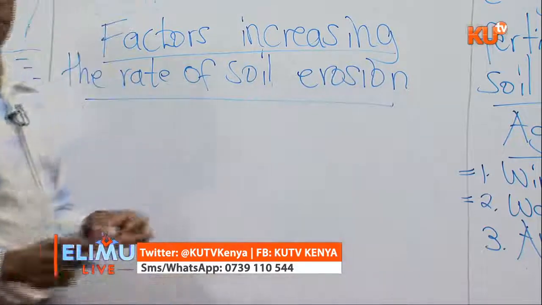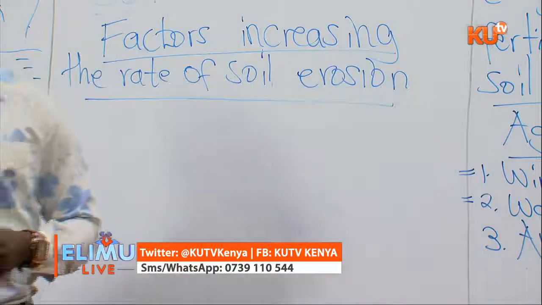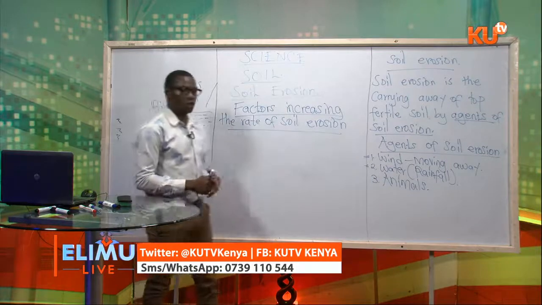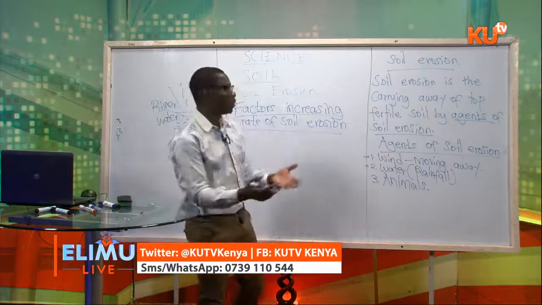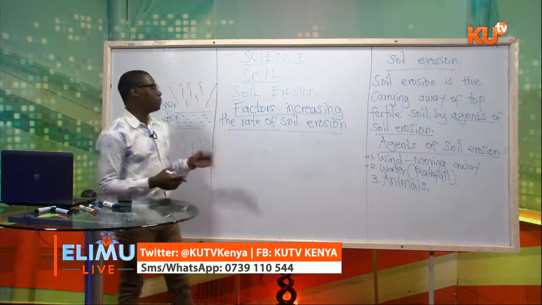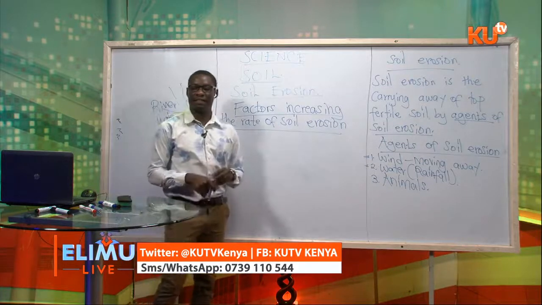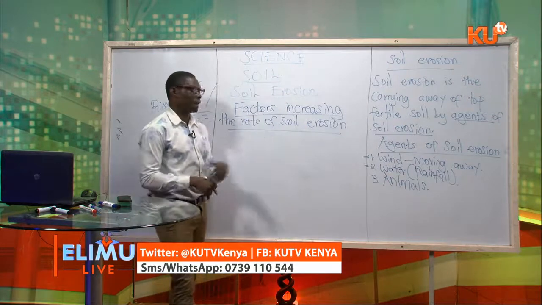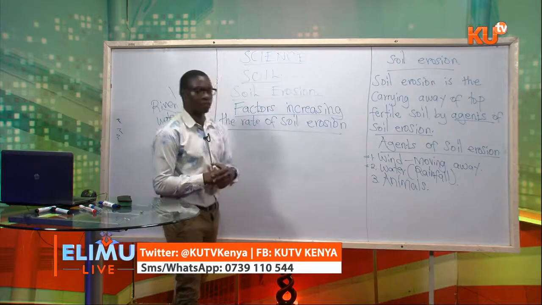When I talk about factors that increase the rate of soil erosion, I'm trying to bring to you the things that will make soil erosion to be more in a specific place and to be less in another place. So that's what I refer to as factors increasing the rate of soil erosion.